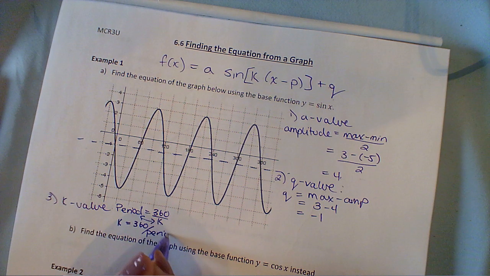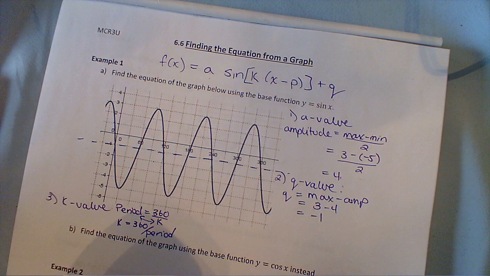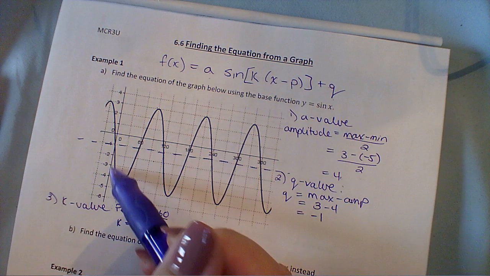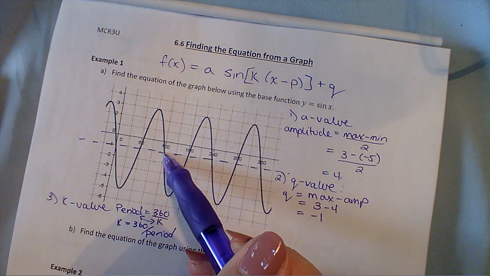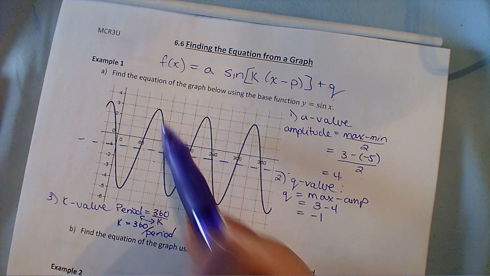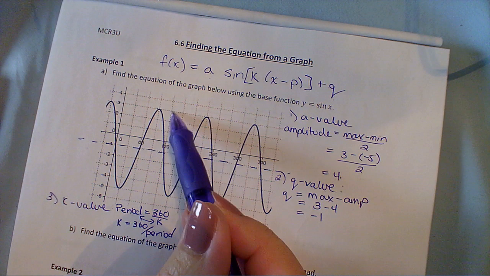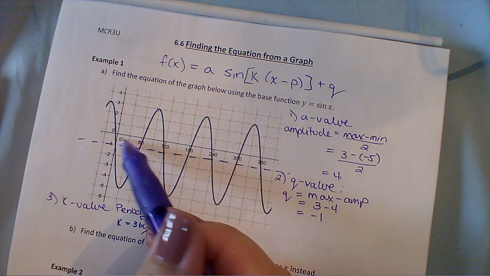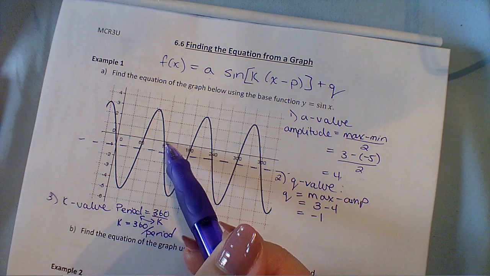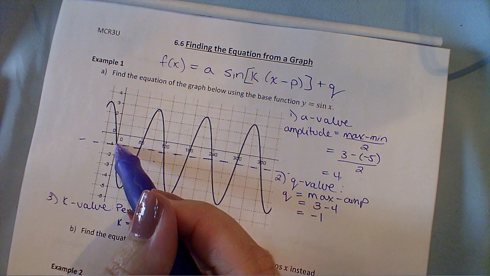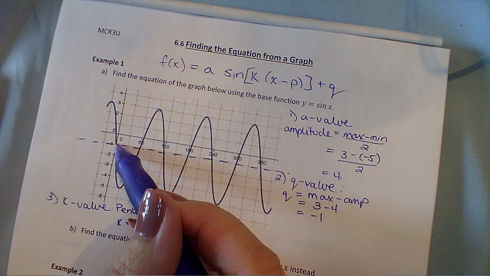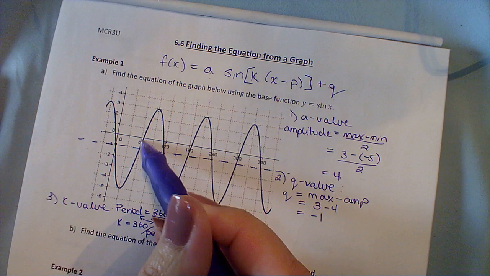The period comes from the graph. So you pick a point and you look to see, when do I see that same point again? So what is the width of one cycle? You can go from peak to peak, 1, 2, 3, 4 squares, 30, 60, 90, 120 degrees. You could pick any point anywhere on the graph and follow that point until you come to it again.